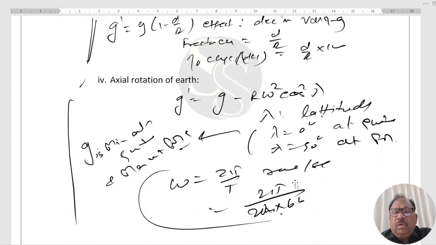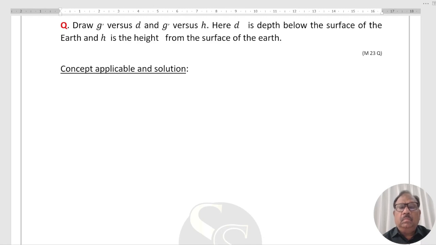Now let's start with the question. Question is, draw g dash versus d and g dash versus h. Here d is the depth below the surface of the earth, h is the height from the surface of the earth. g dash is either above the surface of the earth or down the surface of the earth, and g is on the surface of the earth.